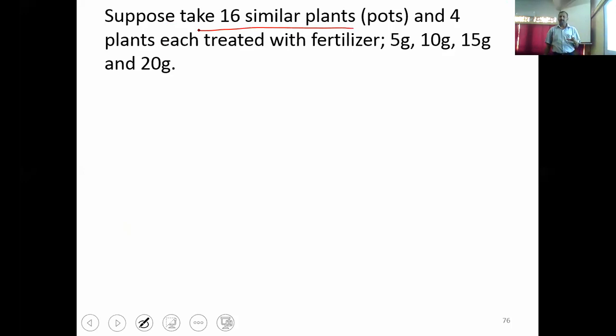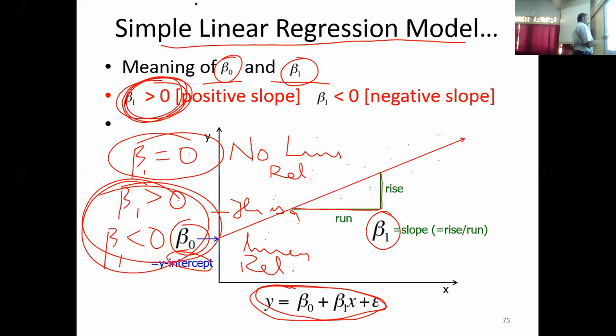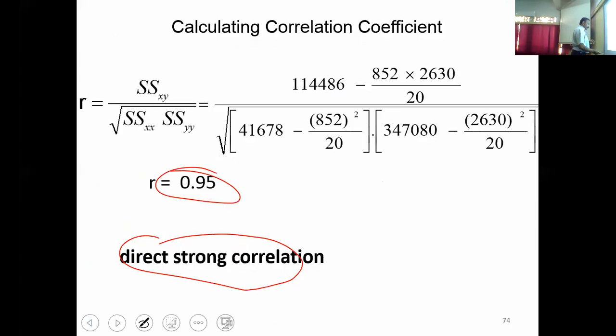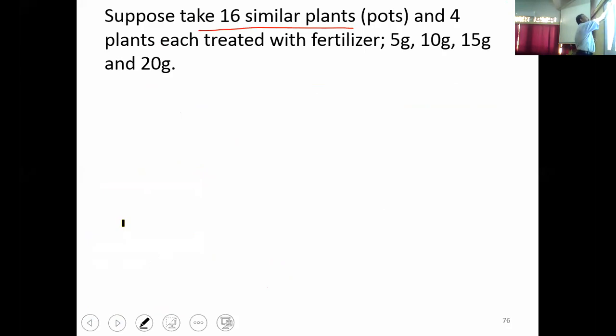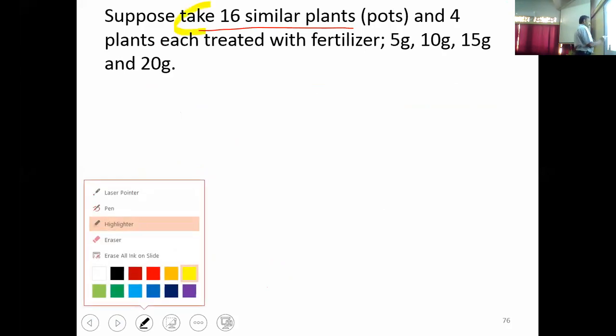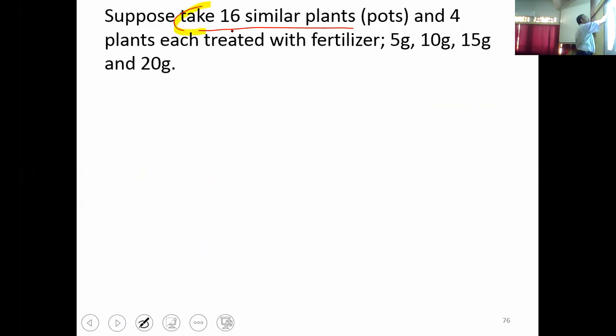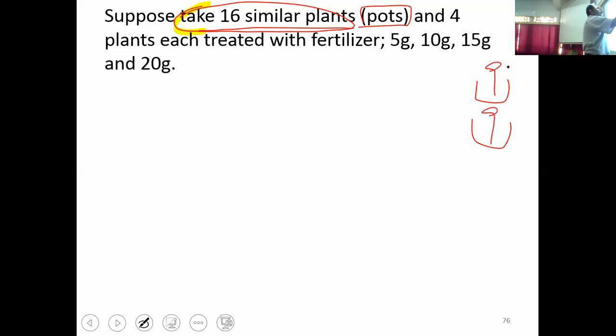That means all the management and genetic material, everything, is the same. Identical 16 plants will be taken. All these 16 plants are in pots, so you have 16 pots.